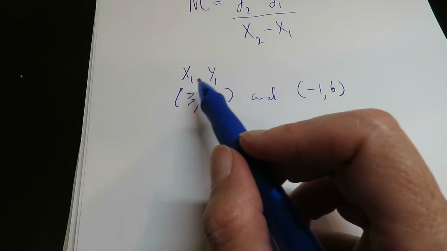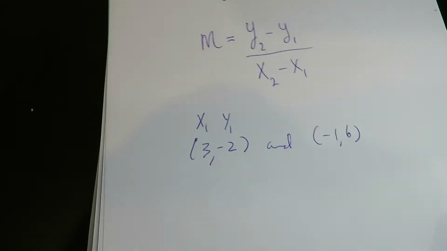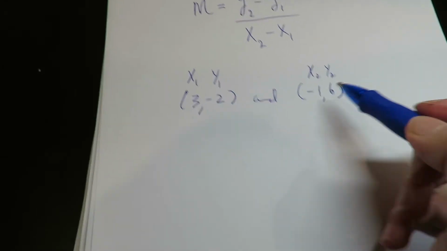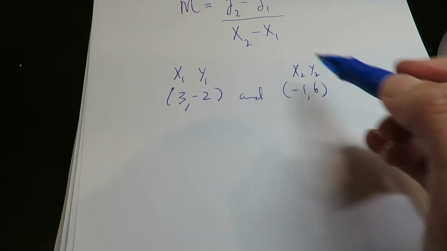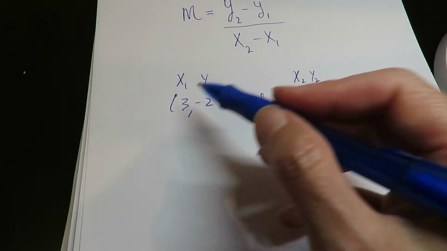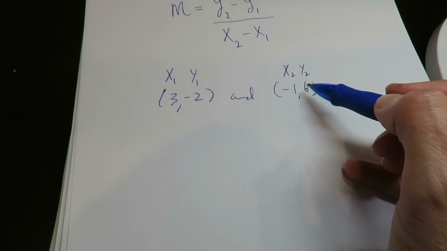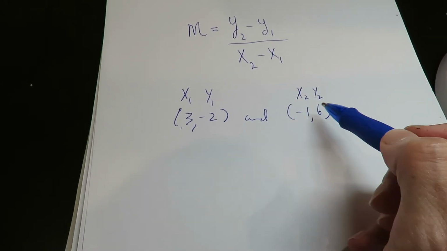This can't be like x1 and y2. These are both from point 1. So then if we call this point 2, this is x of point 2, y of point 2. So you have to be consistent within the point. It doesn't matter if I called this point 1 or this point 2. That part doesn't matter. But within the point, these two are only dating, and these two are only dating. Don't swap things around, okay? So you have to stay consistent within the point.